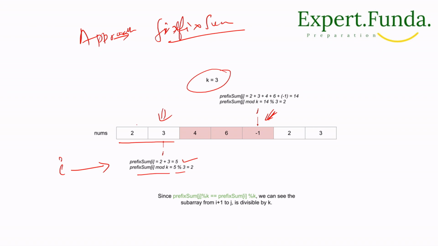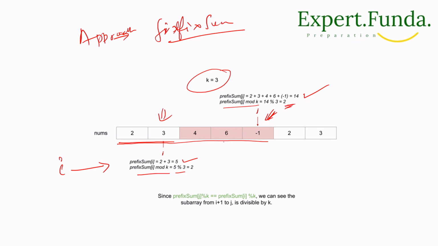If we do the prefix sum from the start to here, all the sum will come to 14. Now if we take the modulus of this value, 14 modulus 3 is equal to 2, correct?